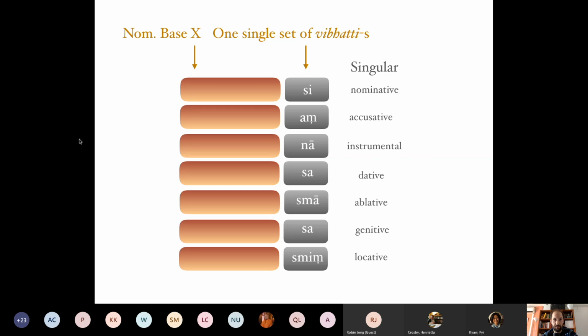Now, one interesting thing about the Kaccāyana grammar is that these vibhattis are taken as one single set that will apply to any nominal stem. We have said that affixes or paccayas are added to verbal bases or nominal bases. So in this case, the vibhattis are one type of paccaya. There are other types. We are looking here at one example. The vibhattis are one type of paccaya that is added to nominal bases.